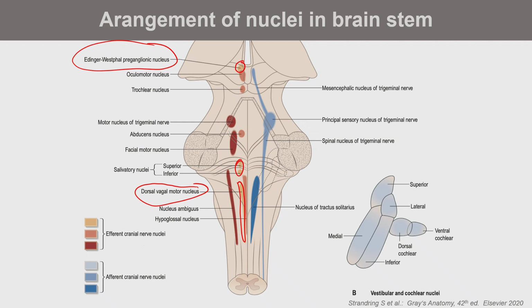Edinger-Westphal nucleus is a nucleus which is supplying the sphincter of the pupil, and when this part of the brainstem is compressed and the function of this nucleus is impaired, then we can see dilatation, we can see mydriasis.